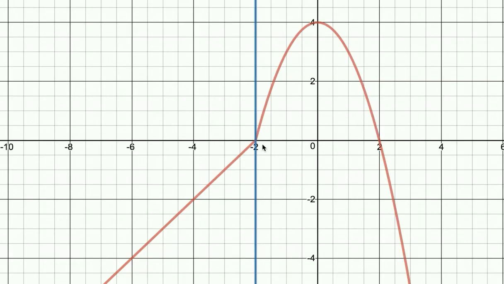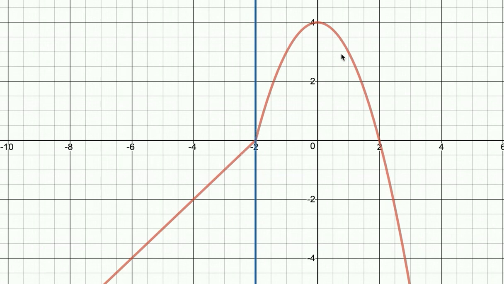Question number 16. You're given a graph, it looks like a piecewise function. So first thing I would put down, when x equals negative 2, something changed there. So the dividing line between the two functions is x equals negative 2. To the left, we have a linear equation, and you can figure it out using the point-slope form or the y-intercept form to figure out that the left-hand side linear equation is going to be y equals x plus 2.